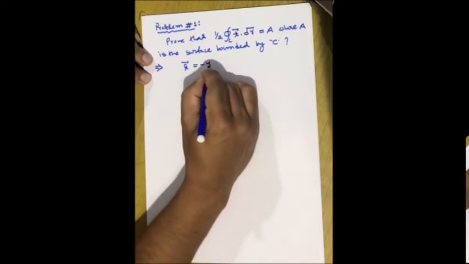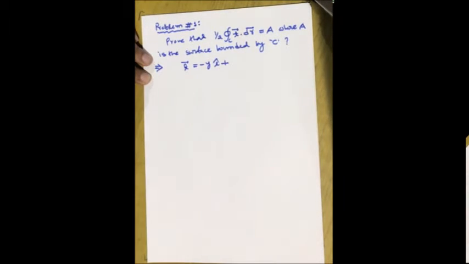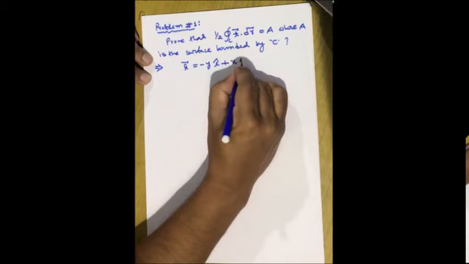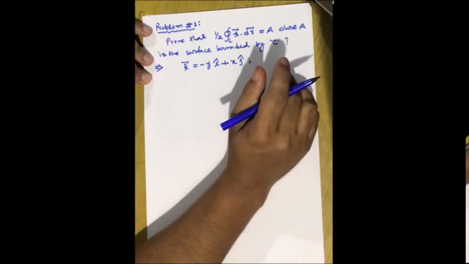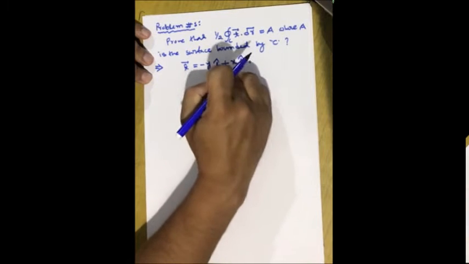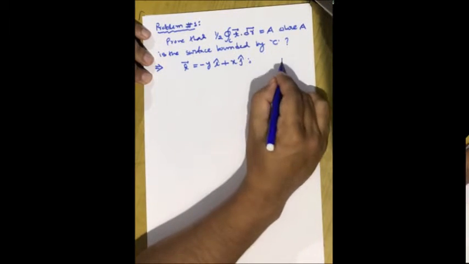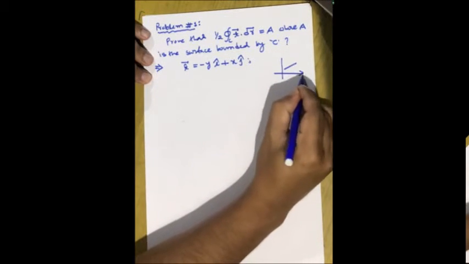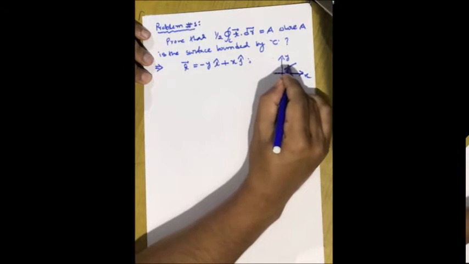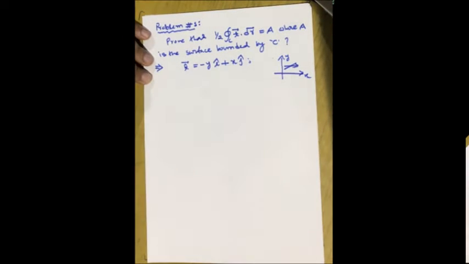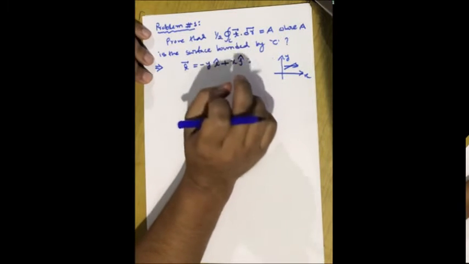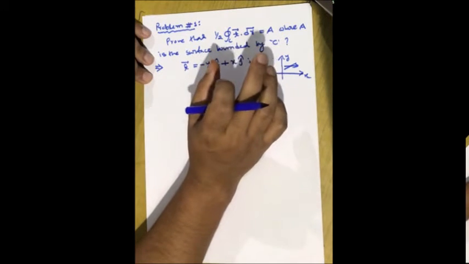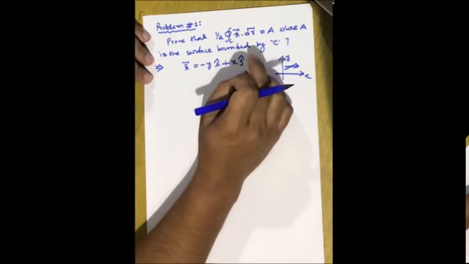Further we are given that the T vector is equal to minus y into i cap plus x into j cap. So it's a two-dimensional vector. Basically it's in the xy plane. You see i and j vectors are there, so this vector will be in the xy plane. Since it involves the closed line integral, we have to use the Stokes theorem.